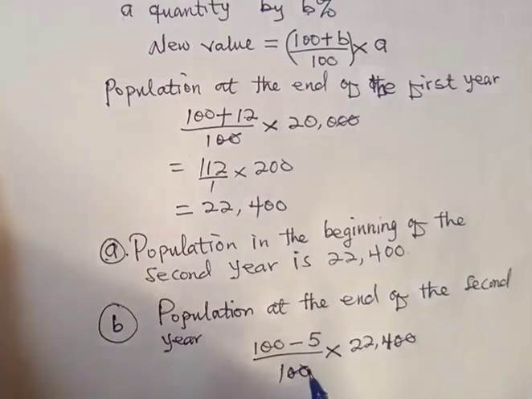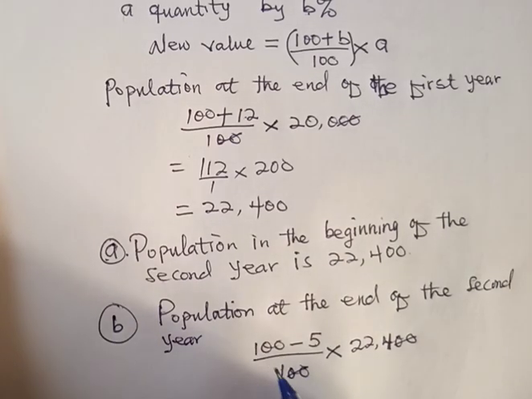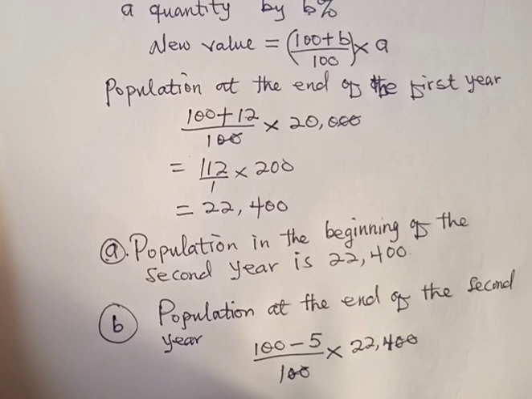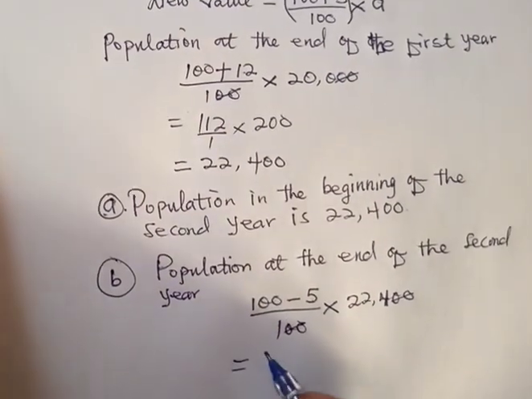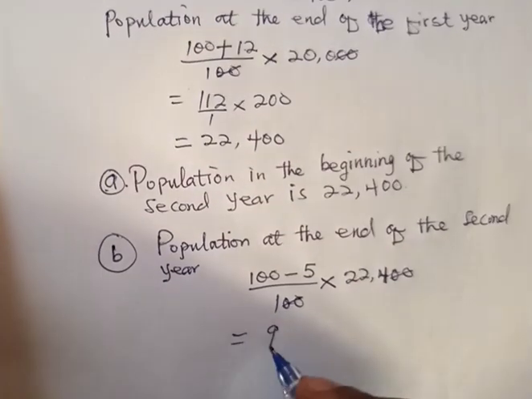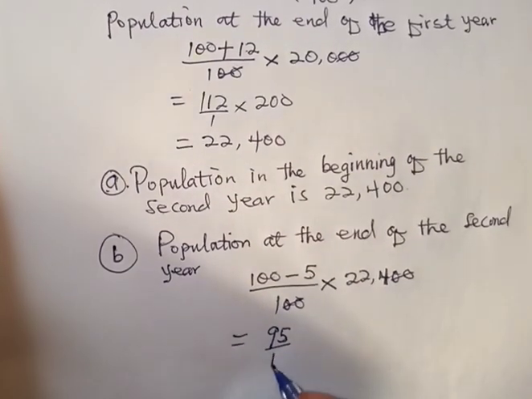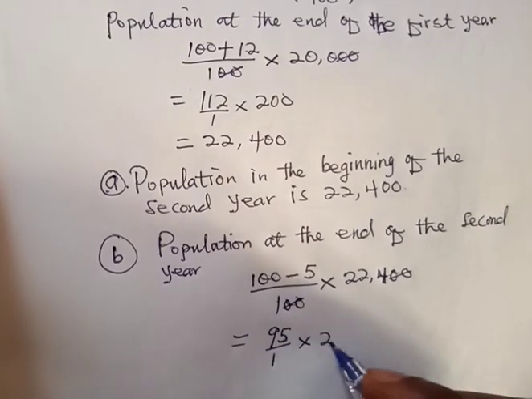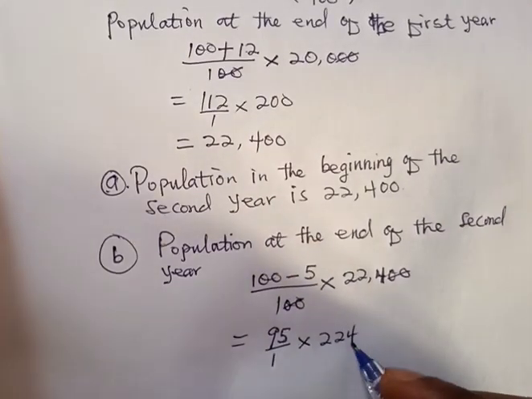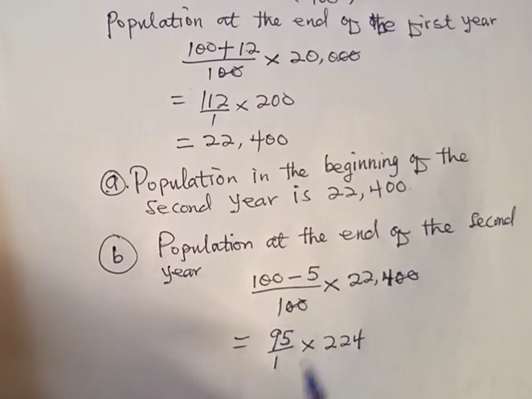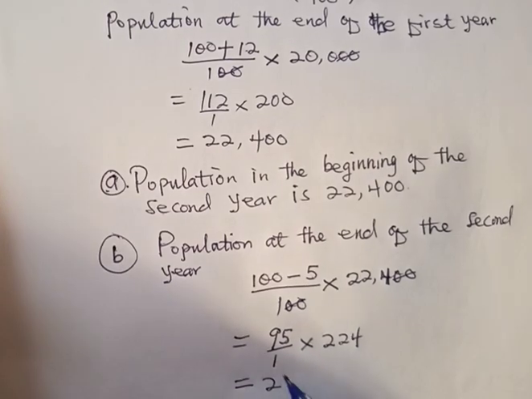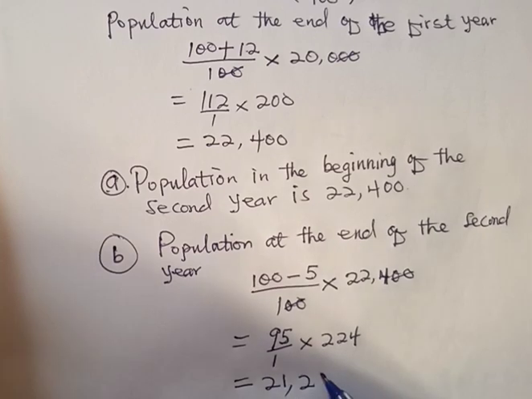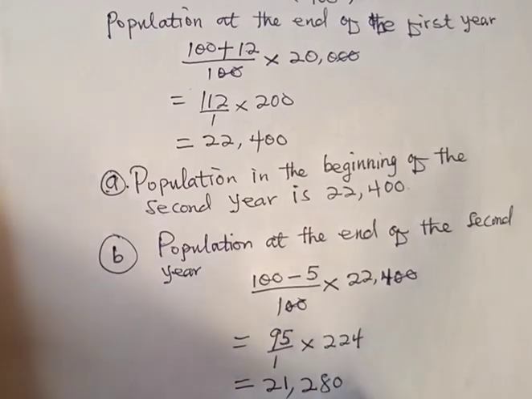Remember once again that I said do not cross this with that, else there will be trouble for you. Okay, all right. So once we have this, then I can write this as 95 divided by 1 times 224. Good. Now, when you multiply this by that and divide by 1, then you are getting 21,280.